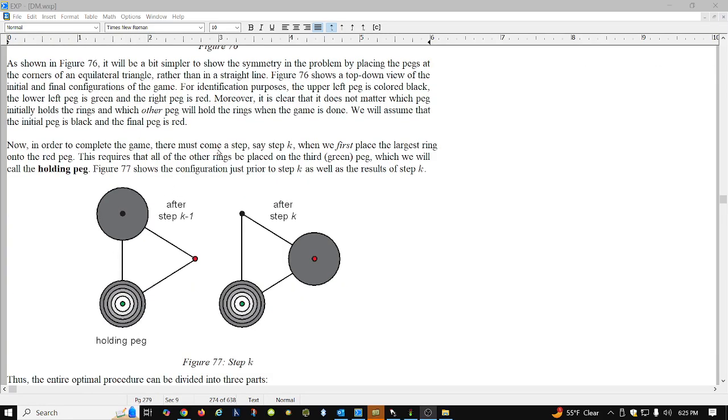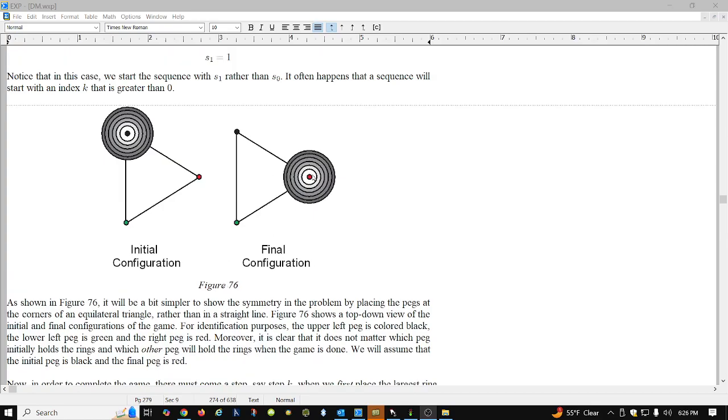Now, this is the key here. In order to complete the game, there must come a step, let's say the kth step, when we first place the largest ring onto the final peg. And in the picture, that's going to be the red peg. If we're going to get all the rings from the black peg to the red peg, at some point we're going to have to move the largest ring.